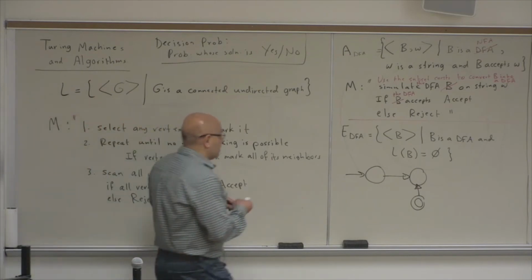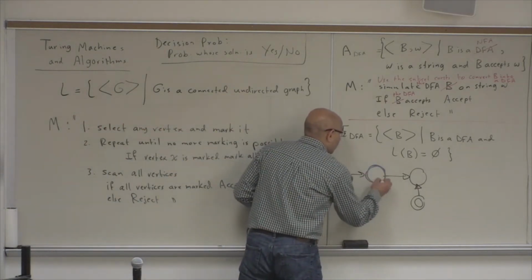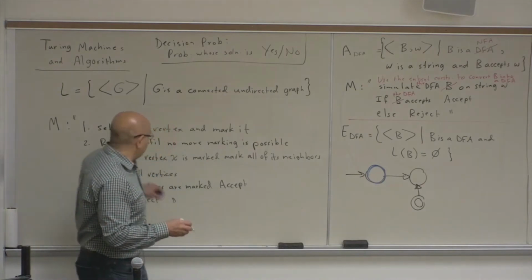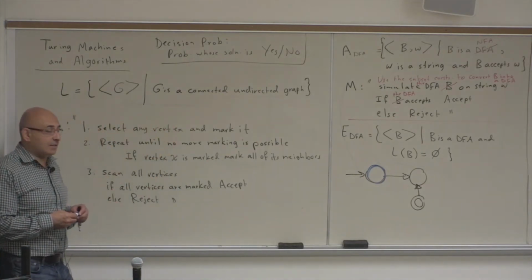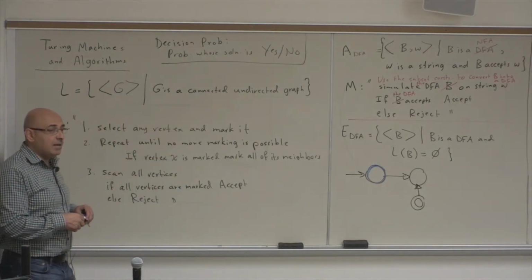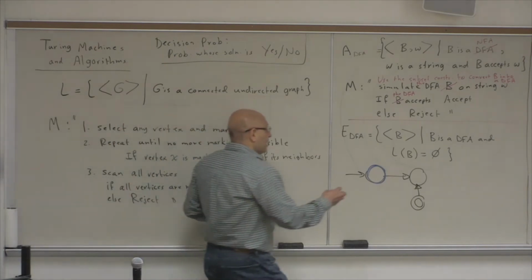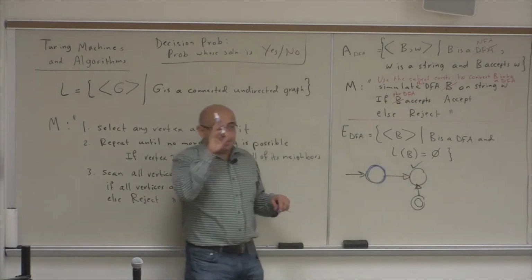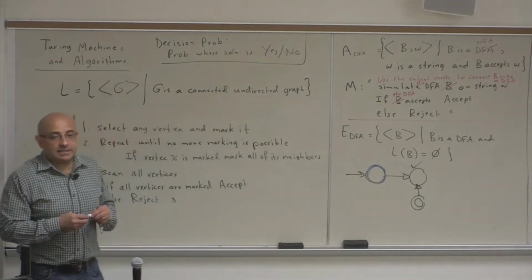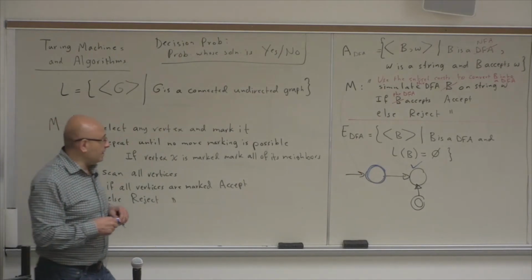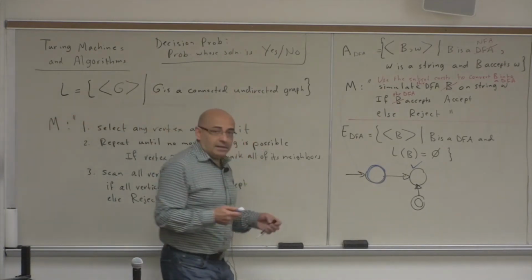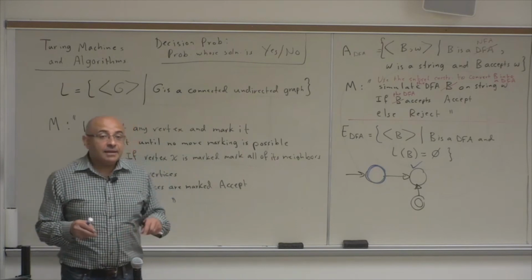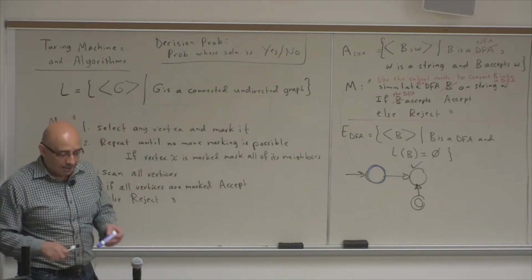So this is the start state. Find all reachable states, just like we did with the graph connectivity problem. Find all the reachable ones. And if at least one of the reachable states is an accept state, then the language is not empty. If none of them is an accept state, the language is empty.